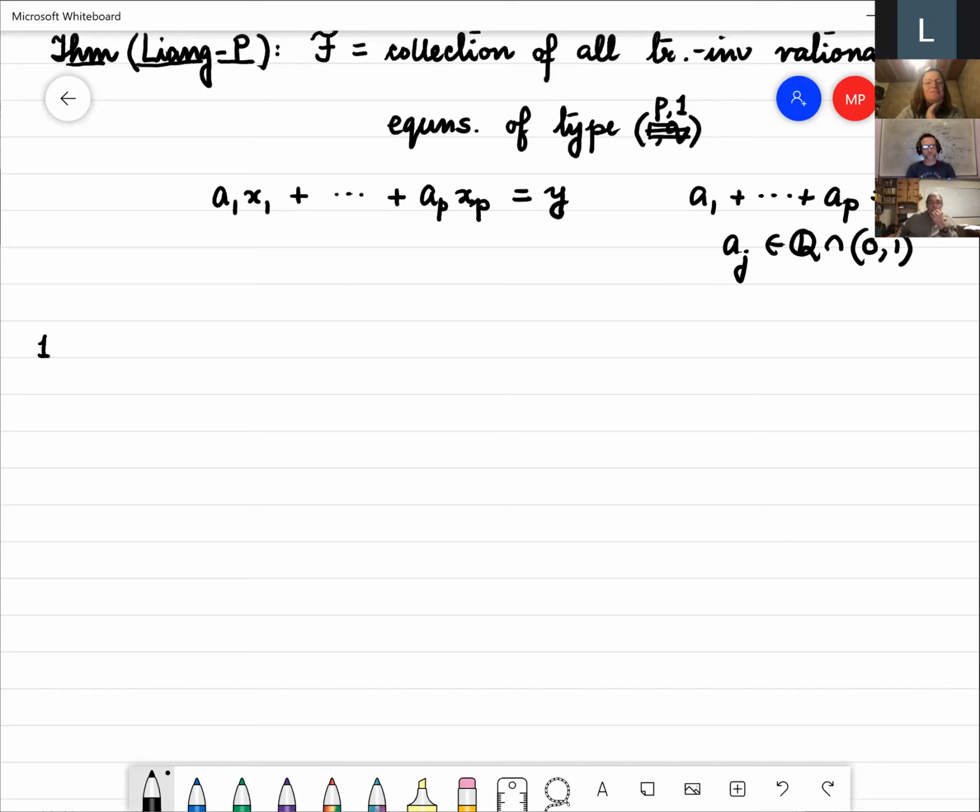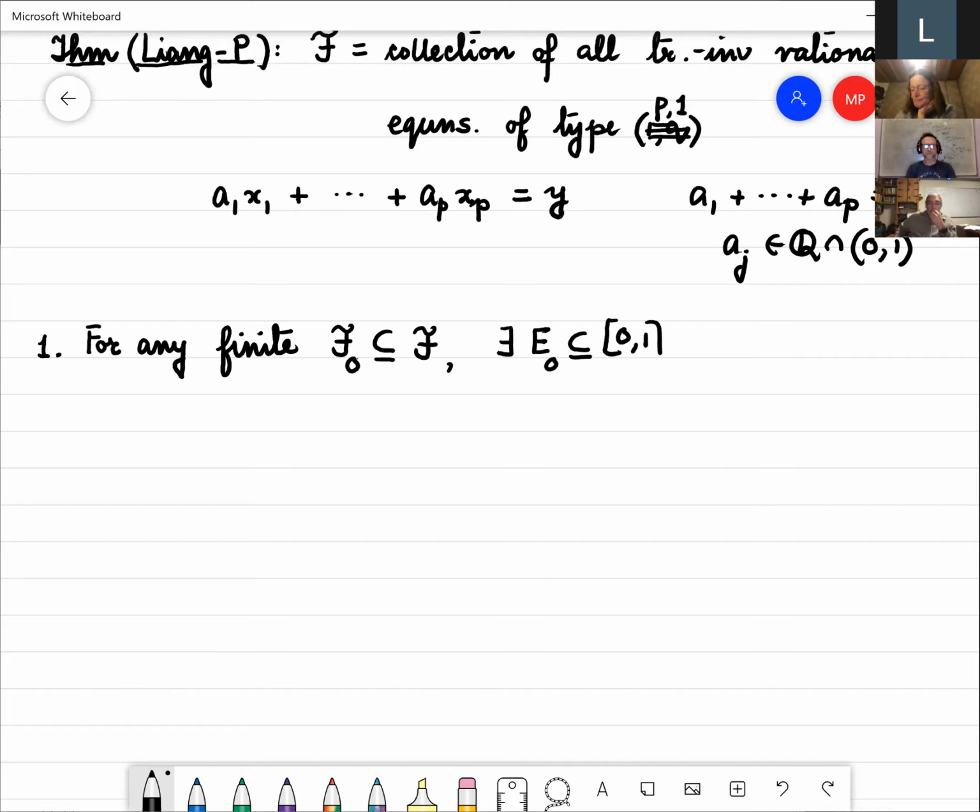Part one is a generalization of what Pablo observed: for any finite subcollection script F naught of F, there exists a set E naught of Fourier dimension 1 avoiding all the equations star in F naught.